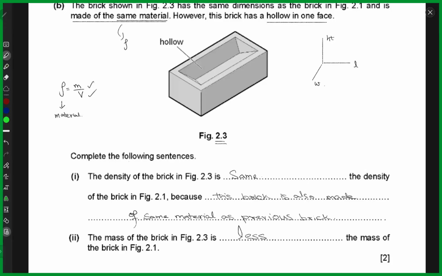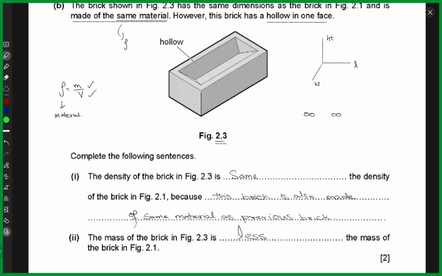And the reason, if you want to think about it, you can think about it in terms of atoms or molecules again, right? Because of course, everything is made up of atoms. So if I have this many atoms packed together, now, if I'm making the brick hollow from some part, I'm just getting rid of some of the atoms. And now the brick is hollow because there are no more atoms of the material from which the brick is made.